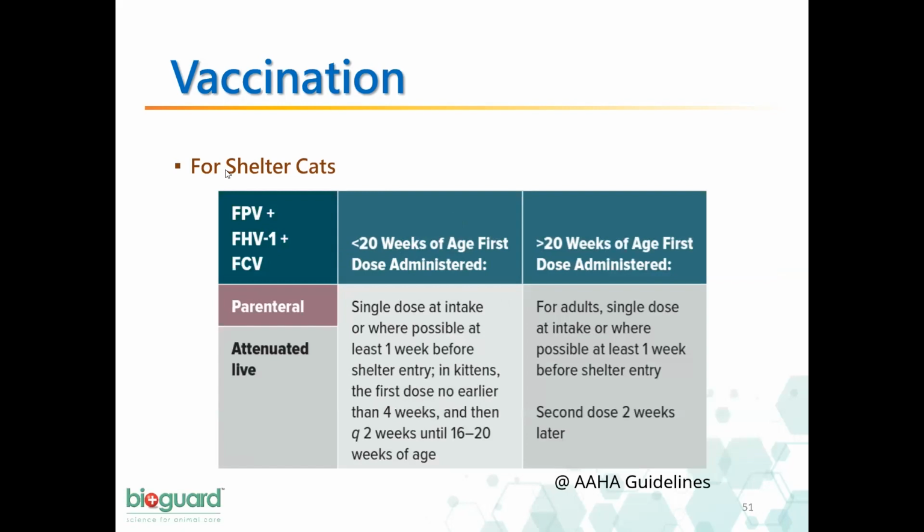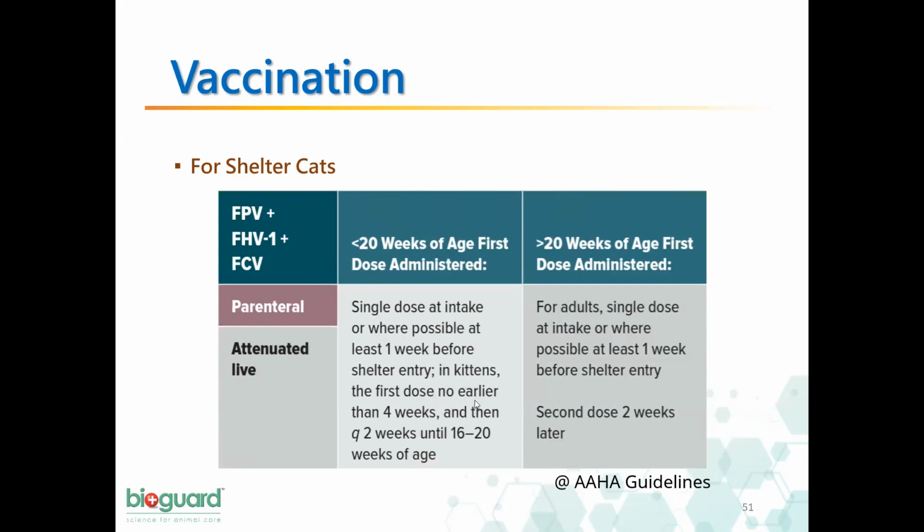In the case of shelter cats, it is a little bit different because the disease prevalence is very high. In the case of a kitten, a single dose at intake, or where possible at least 1 week before the kitten enters the shelter, can be given.